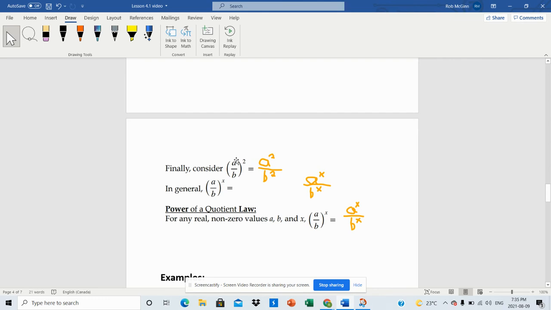We must distribute that exponent to all the terms inside the bracket. So if we have bracket a divided by b, close bracket, squared, that's going to equal a squared divided by b squared. So in general, whenever we have a divided by b in brackets to the exponent x, that's just going to be a to the x divided by b to the x.